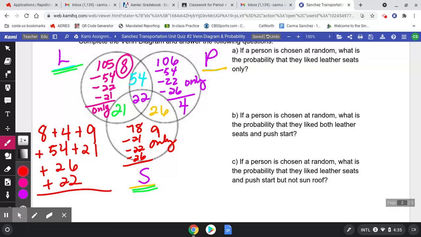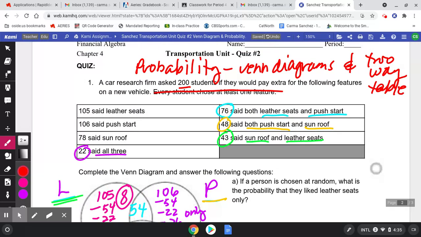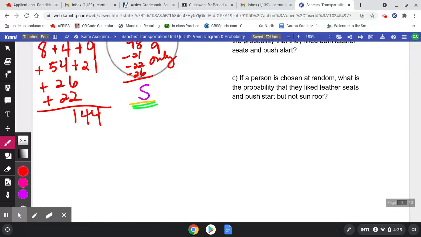If I add up all of these, 8 plus 106 plus 54 plus 22 plus 21 plus 26, I get 144. And we said that 200 students have been polled, and I forgot to take that statement out.